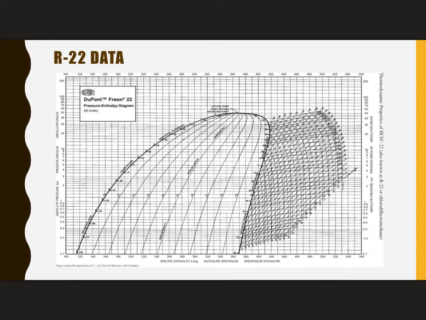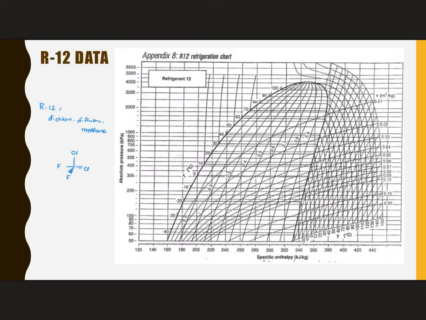And then we have R22, which, what's the critical point on that one? It looks to me like it's about 60 bar, 50 bar. And then we have here refrigerant 12, which is what most people call Freon, okay? And it also operates up to a similar kind of value, 4,000 kilopascals, 4 megapascals.